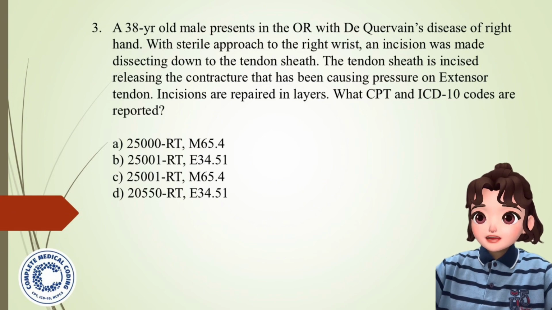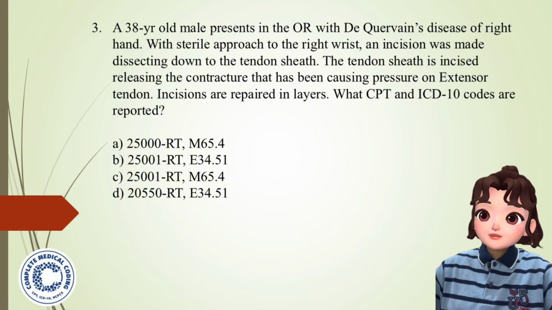If you want, you can also check E34.51, which means complete androgen insensitivity syndrome. No, that's wrong. Our diagnosis is de Quervain, which is M65.4, radial styloid tenosynovitis. This M65.4 is in options A and C, so you just have to look into options A and C.